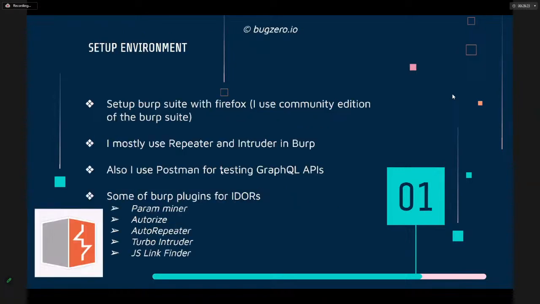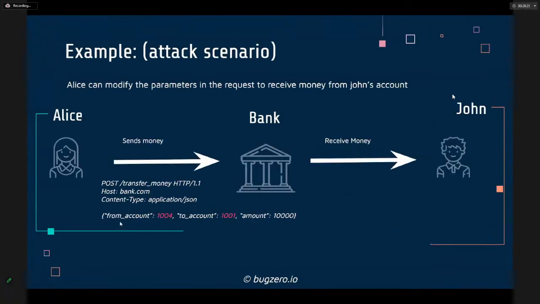if I take this request, right? Let's say you don't know these parameters. What Param Miner does is it uses a brute force list. This is actually based on research done by researcher James Kettle, I think about something like web cache poisoning or something.